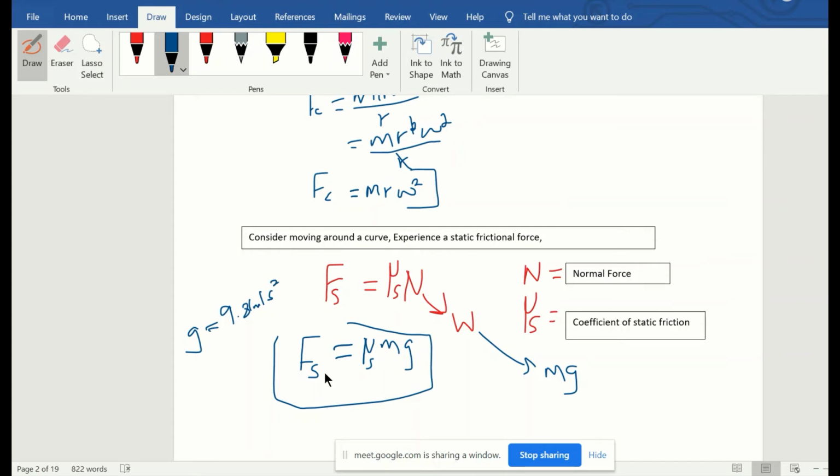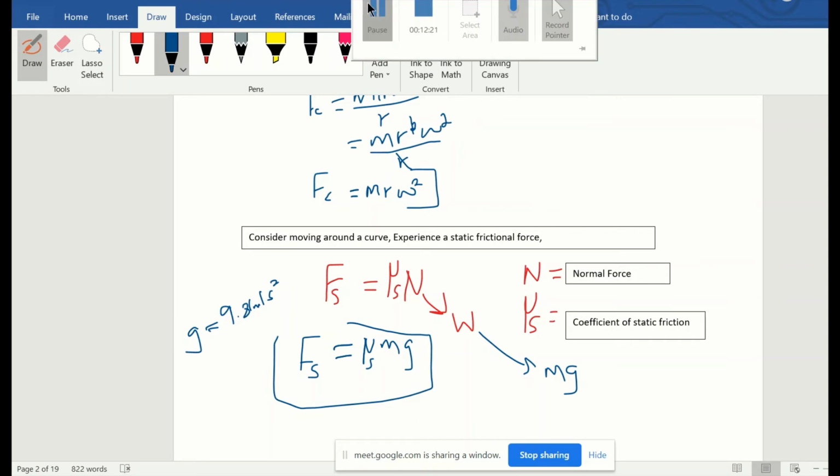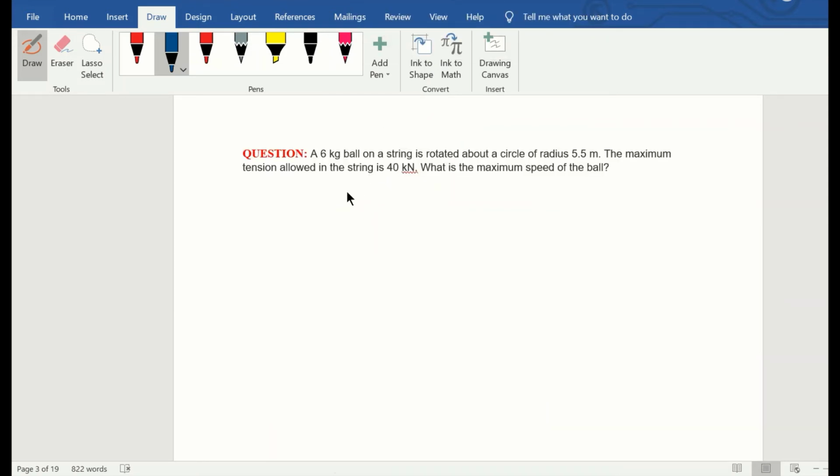So we can use this static frictional force F subscript S to solve questions that relate to an object moving in a circular path. I'll show us two questions of how we can apply these concepts. Let's look at a question right here.